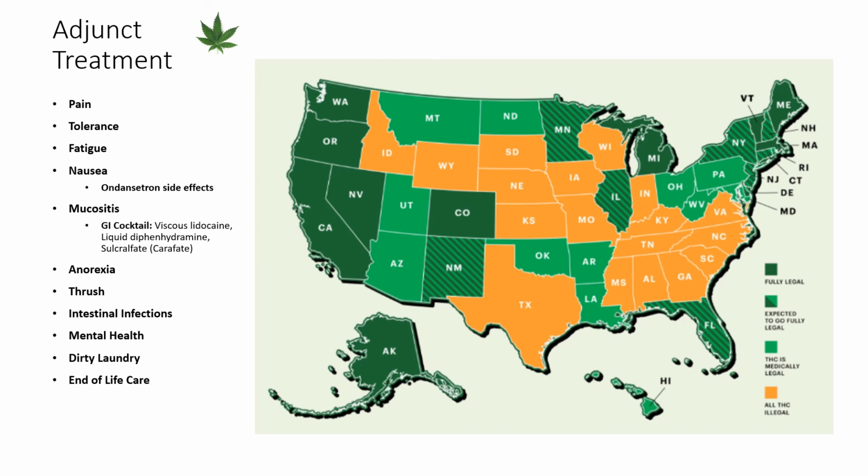But just to say that marijuana can have a lot of positive aspects in the treatment of cancers. It can help pain, it can help fatigue, it can definitely help nausea, and it can help anorexia. It can stimulate your appetite. So for anyone who's tried THC, you know it stimulates appetite. So it's used for many of these on the list here.